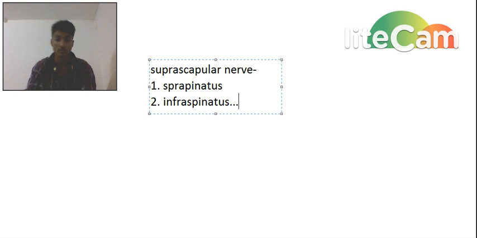So this is very simple information. And the cords give off various branches, and the lateral, medial and posterior cords give off different branches that I'll just show you.